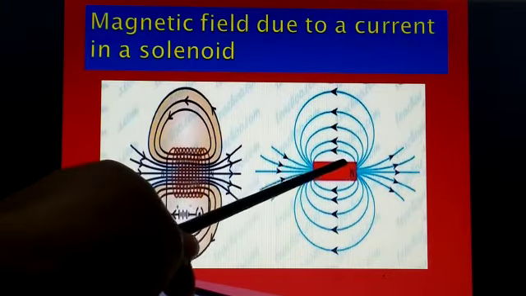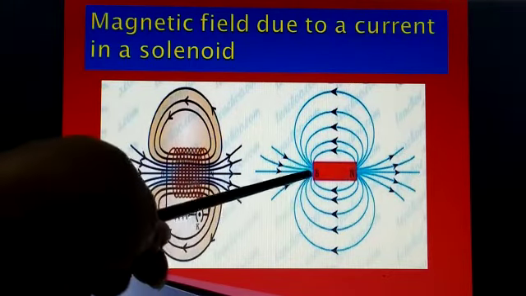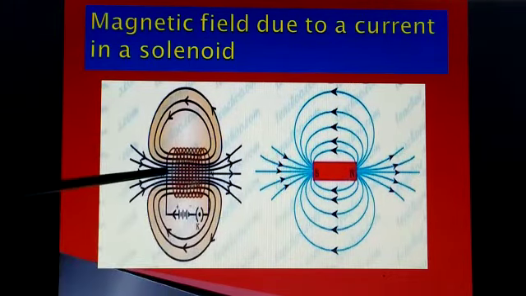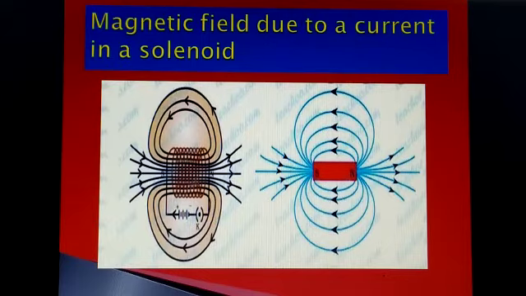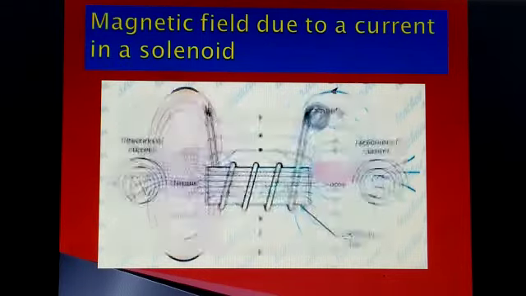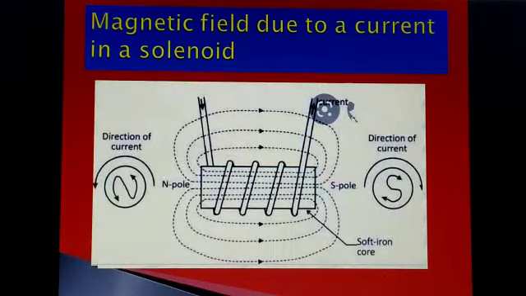A bar magnet has two poles, north pole and south pole. So this also has two poles. One end acts as a south pole, the other end acts as a north pole. According to the direction of current, we can identify the north and south pole of the solenoid.